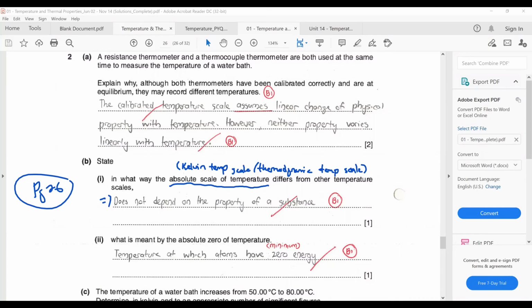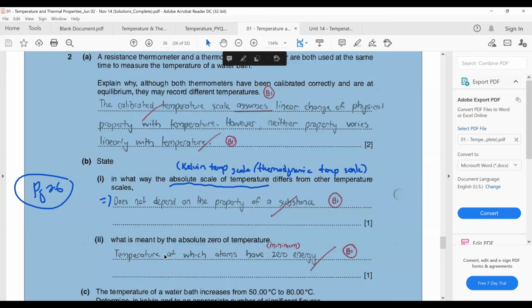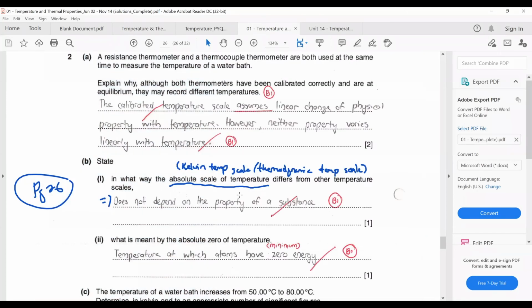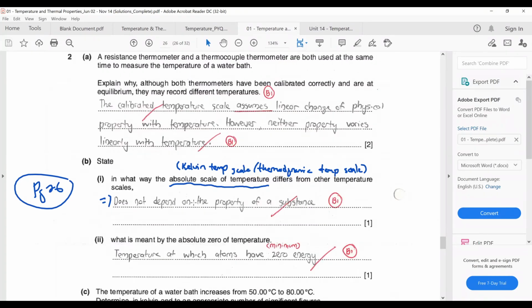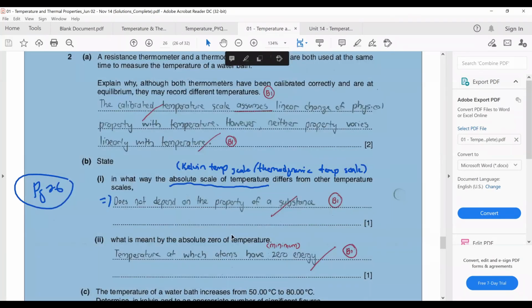You learned in SPM before that if you have an atom at absolute zero, 0 K, the atoms actually have zero energy. They don't move. They have zero kinetic energy. That's what the Kelvin temperature scale is, so you don't need to explain so much.